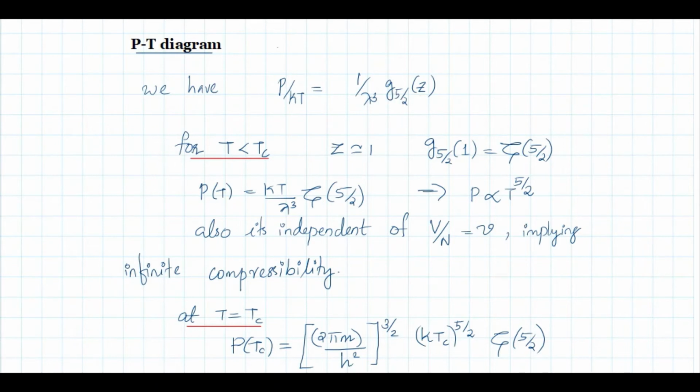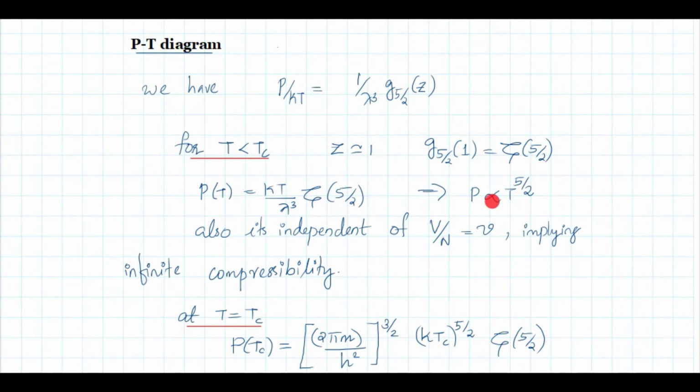So this G 5 by 2 of Z becomes G 5 by 2 of 1. We can denote it as theta of 5 by 2. Therefore, P of T is equal to, this KT will go to the right hand side, KT by lambda cube theta of 5 by 2. This equation is valid when T less than Tc.